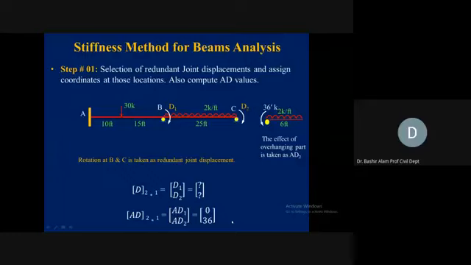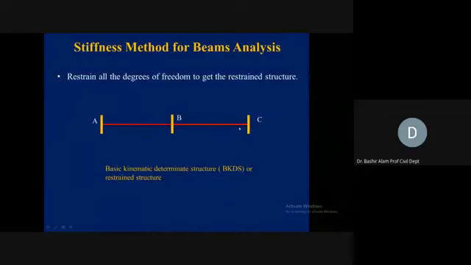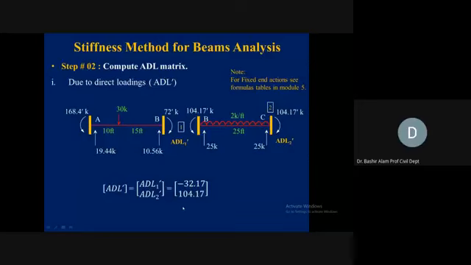Next we go and generate the ADL matrix. So this is your basic kinematic determinate structure. At B you can see we have a fixed support, and at C also we have a fixed support. Now to create the ADL matrix, as I said, 4 kinds of loadings are involved.